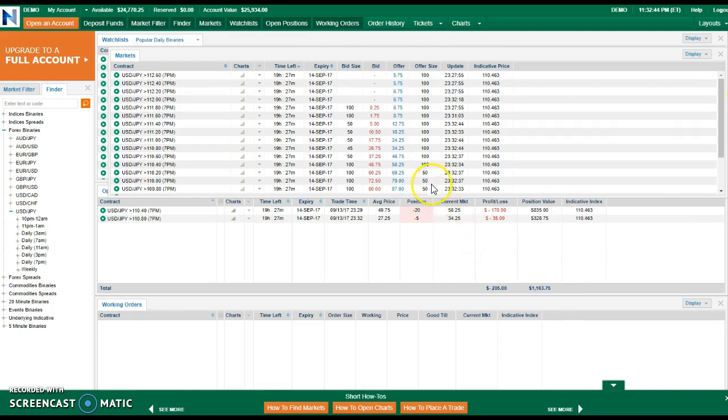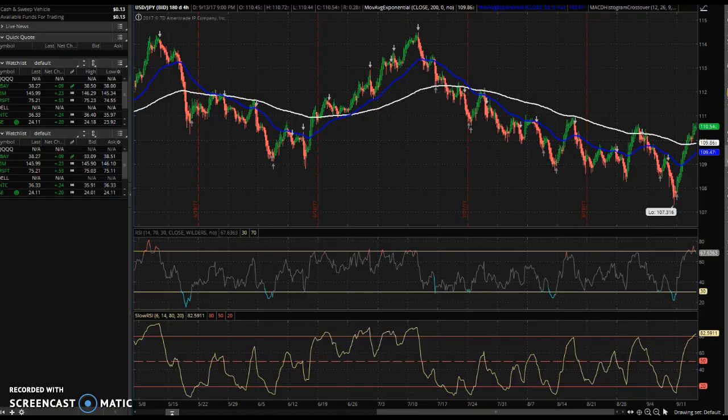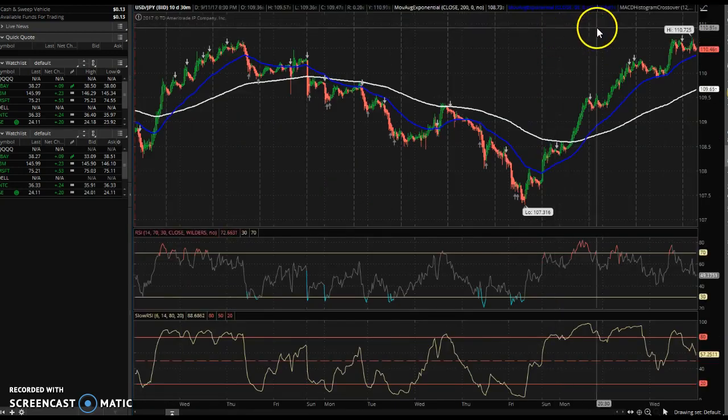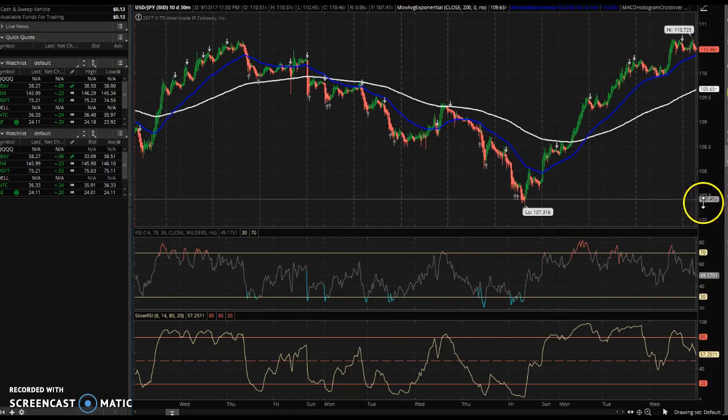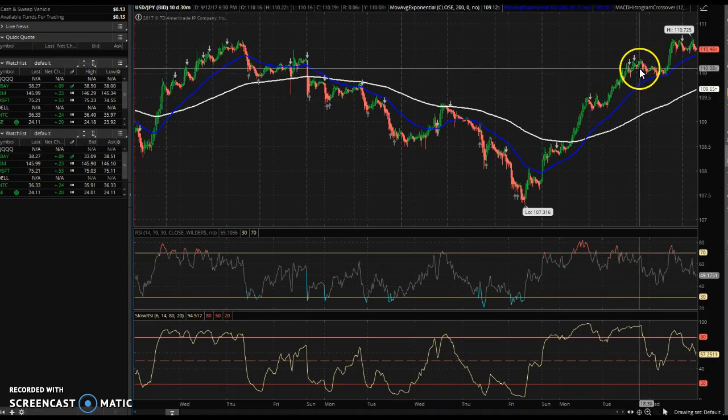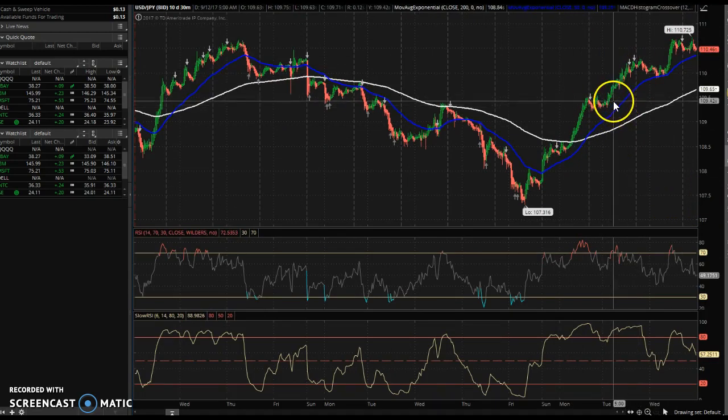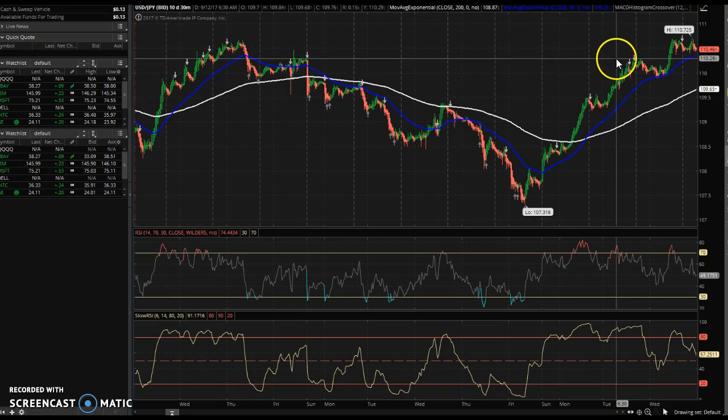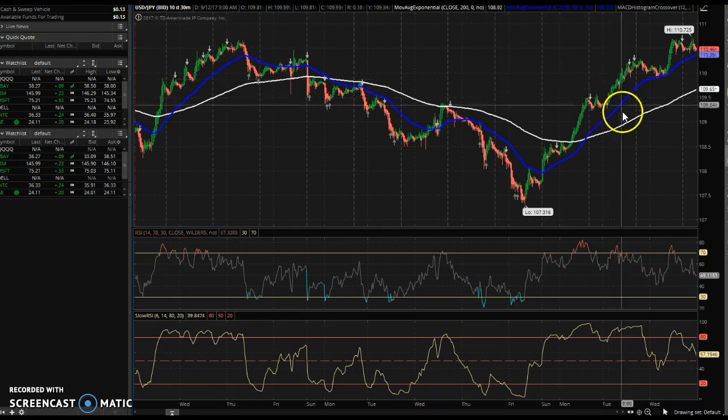So if you can, like I said, if you can do the strike rates well, you can catch moves like this. If you look at the 15-minute chart, 30-minute chart, if you caught the move from here to here, that's basically from 109.65 to 110.30.